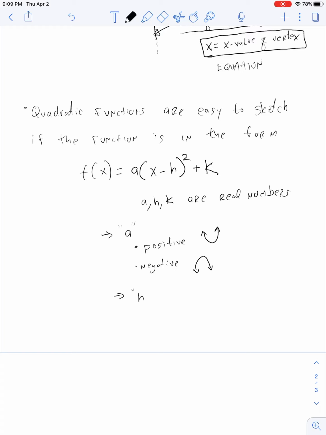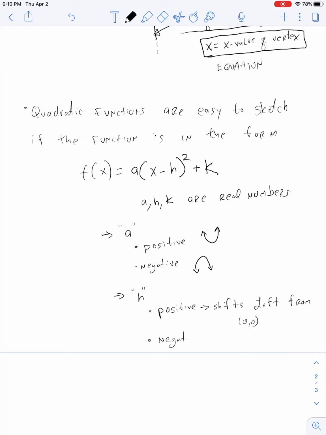Your h. If your h is positive, your graph shifts left from 0, 0.